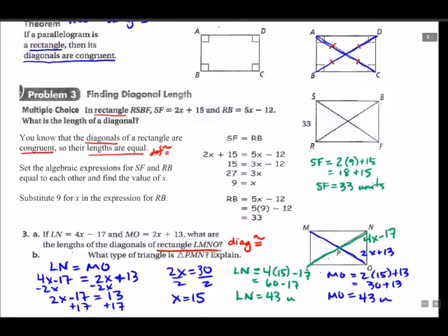Let's take a look at a square here. We'll just draw up a quick square. So if this is a square, I know my diagonals are congruent and they bisect each other. And I know my diagonals, because it's also a rhombus, are perpendicular.